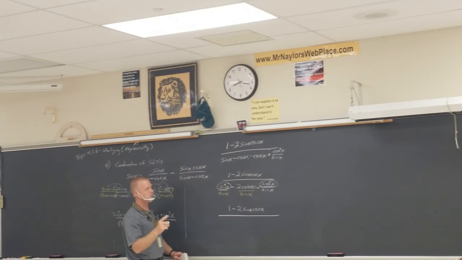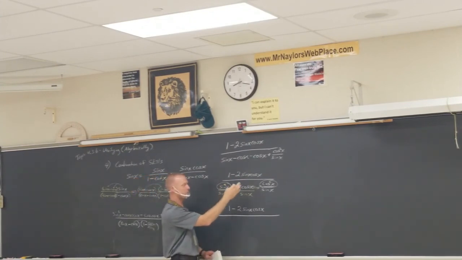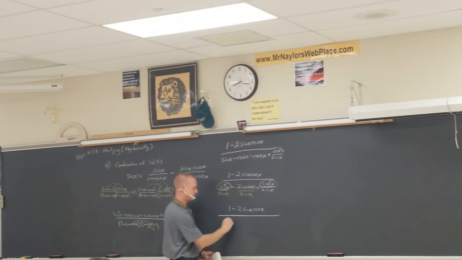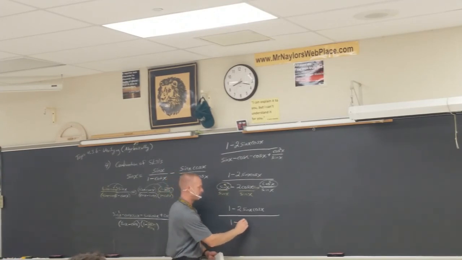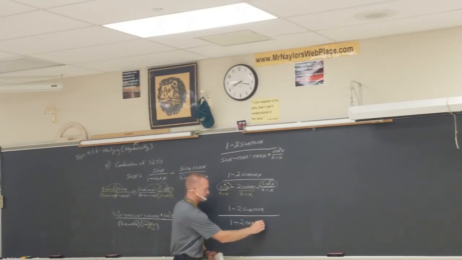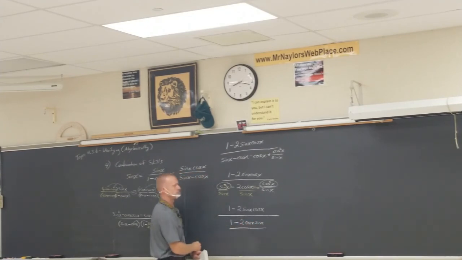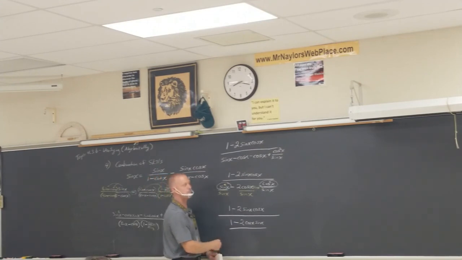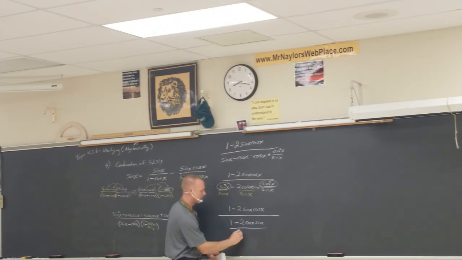We were careful with the plus and minus signs, so that's good. It's sine squared plus cosine squared, those two circled guys are going to equal 1. So I'm adding my numerators down here. I guess I'm actually subtracting, but it's 1 minus 2 cosine sine all over the common denominator.